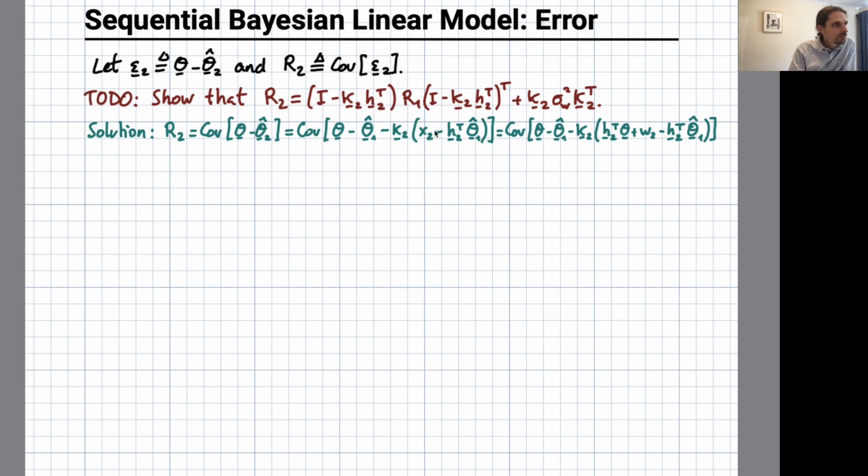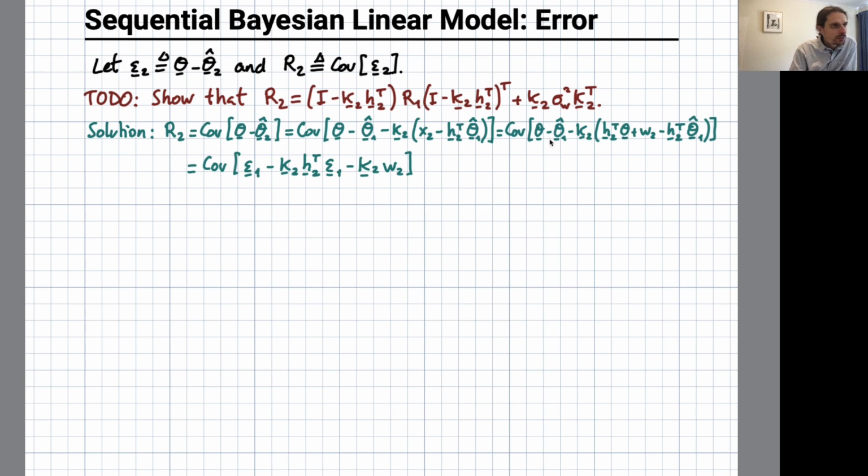To that end, we apply its definition. So this is given by H2 transpose theta plus W2. Okay, so now we are getting closer, because theta is also in the definition of epsilon 1.